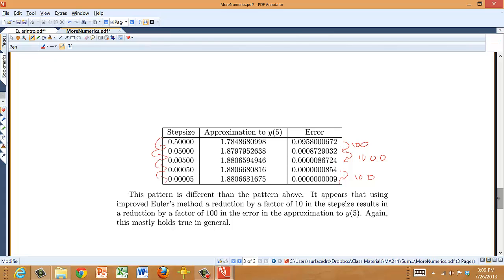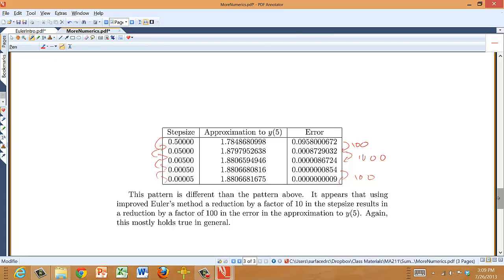And this pattern again holds true in general. If you use improved Euler's method and you reduce the step size by a factor of 10, then the error tends to go down by a factor of 100. And in general, if you reduce the step size by a factor of alpha, the error goes down by a factor of alpha squared. Okay, so that's very good. Obviously, improved Euler's method takes more work. Each step takes an Euler step and then a correction step, but it's more accurate.